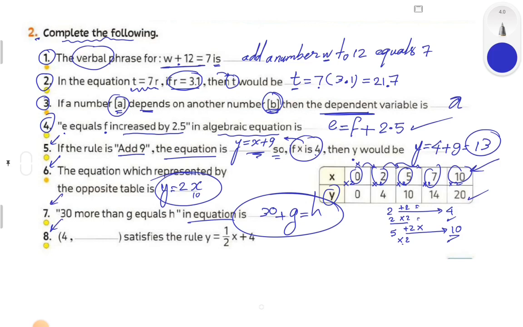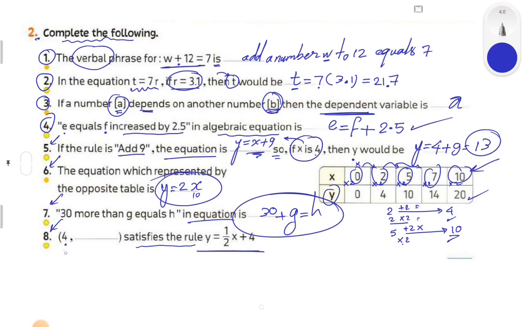Last point, 8. 4 and a blank satisfy the rule like the equation y equals half x plus 4. Now I have the equation. What does this mean?